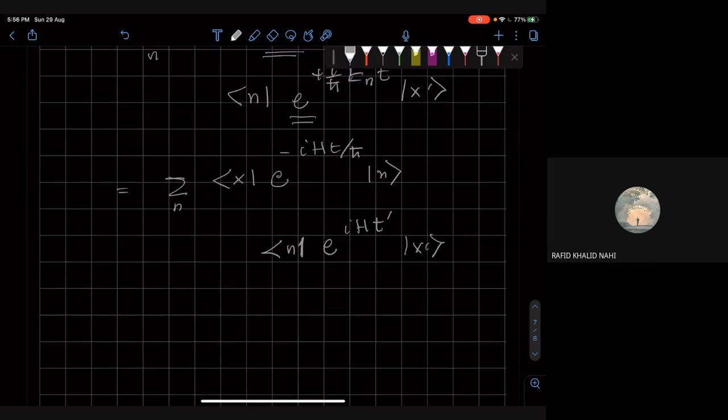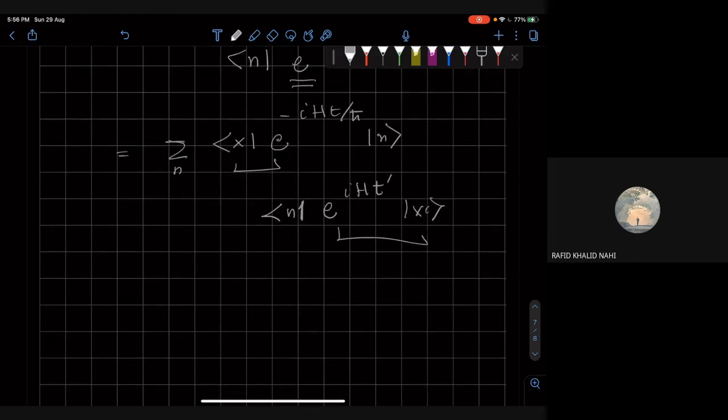Now this acting on this and this acting on this is the correct expression for the Heisenberg states. And then we have the sum over all the energy eigenstates, which is just 1. So therefore we can write this as the bracket of x t, x prime t prime.